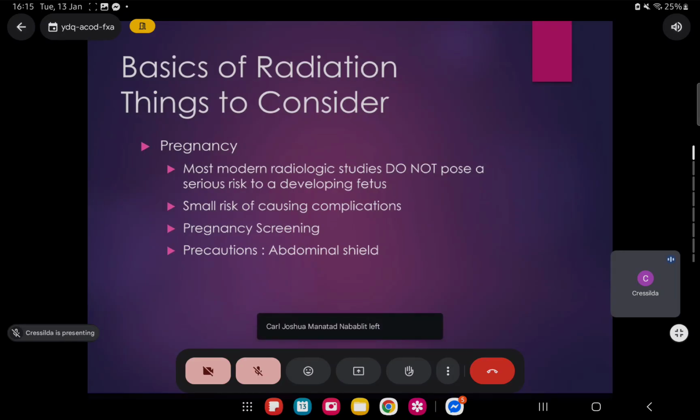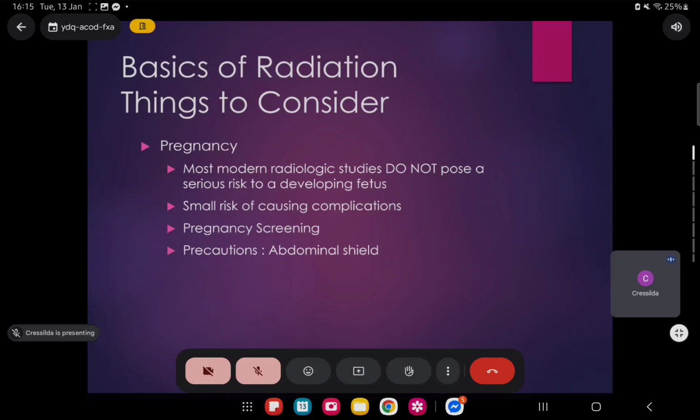The ACR, or the American College of Radiology, based on their guidelines, does not require pregnancy screening for all X-ray examinations except for the abdomen. So what do we mean by pregnancy screening? In our country, we follow the safer side, which is the ECR, or the European Society.